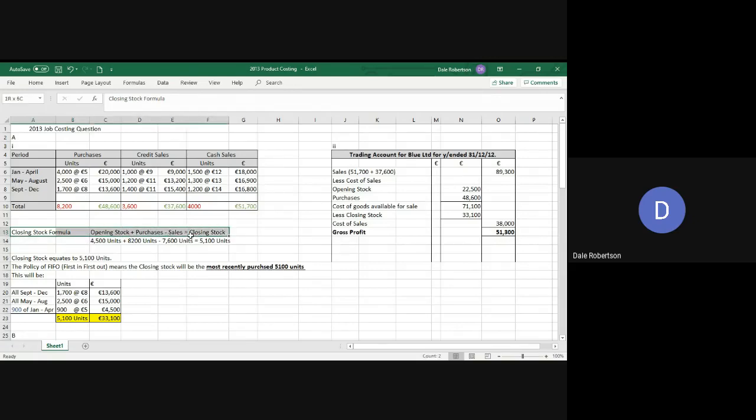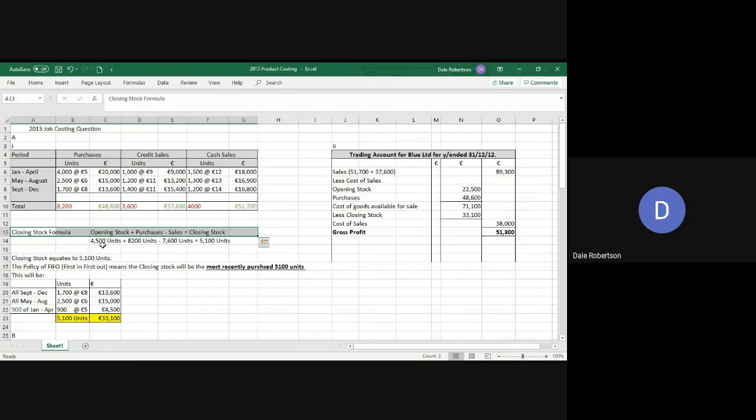So down here, I'm going to give you a basic summation of how we can calculate closing stock. That is your opening stock, how much you begin with, plus the things that you buy, purchases, take away anything that you've sold, will leave you with what you have at the end of the year, which essentially is your closing stock. Now in units, we can do this because we've just calculated these units.